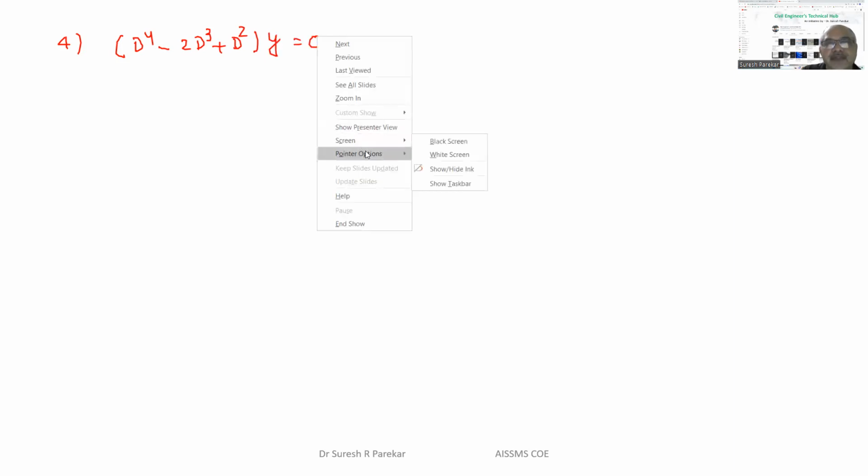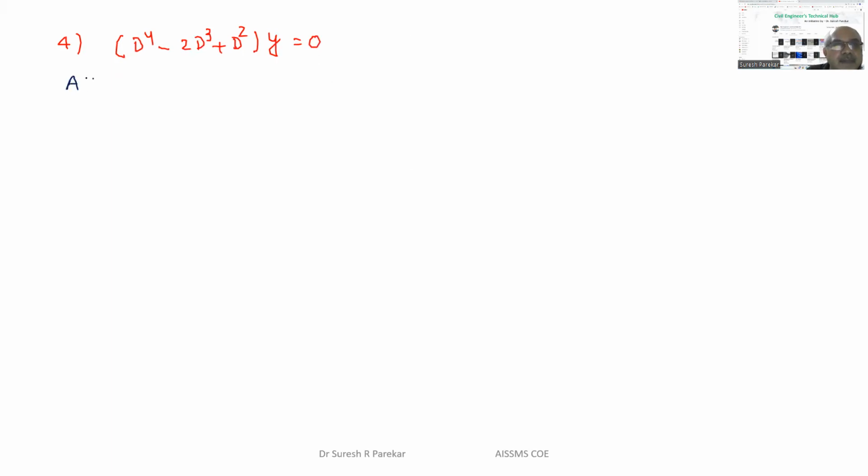You can see this, we are taking all values of Q as 0 because we are going to find only the complementary function. So first part we are saying complementary, and then we can go with the particular integral.